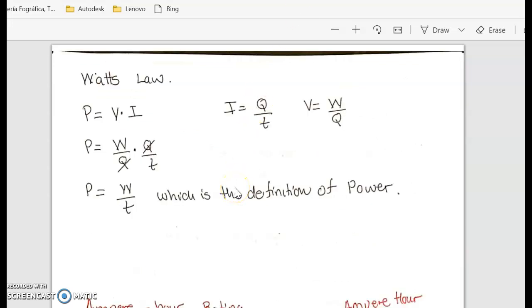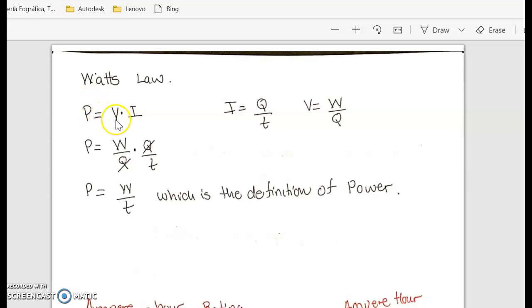So Watt's law is the relationship between Ohm's law and power. Power using Watt's law is power equals voltage times current. We can derive this from its definitions.